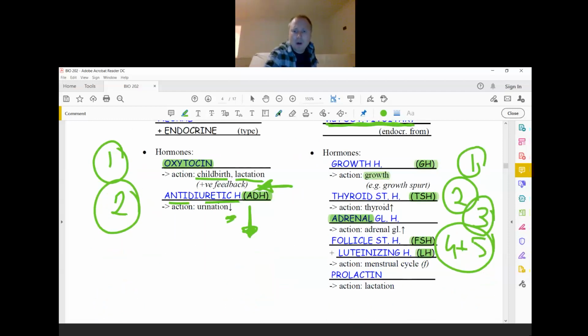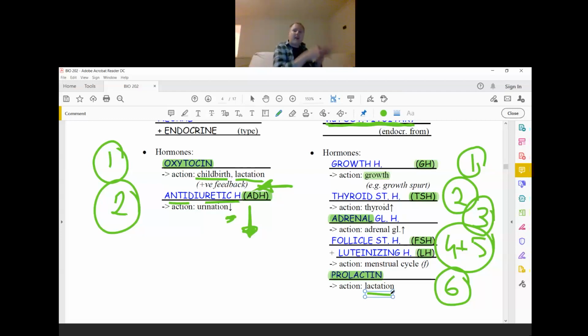And the last one is something that's very close to what we've seen before. Prolactin acts on lactation. We saw lactation earlier on as being controlled by oxytocin. Well, there's another hormone, and that's prolactin, that contributes to that as well.